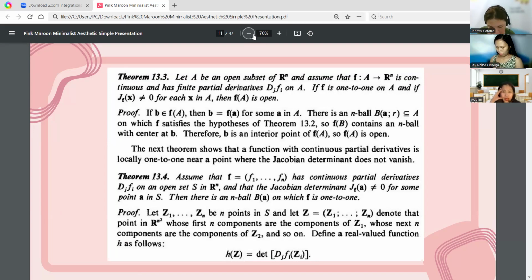We have our proof here. Okay, so this is the proof of that theorem. So let's proceed to Theorem 13.4.